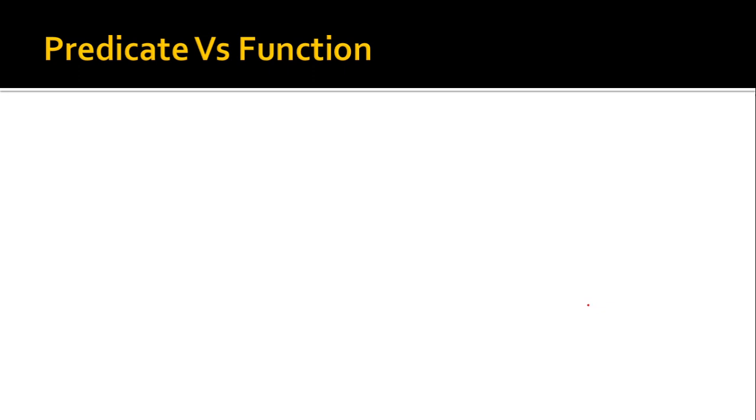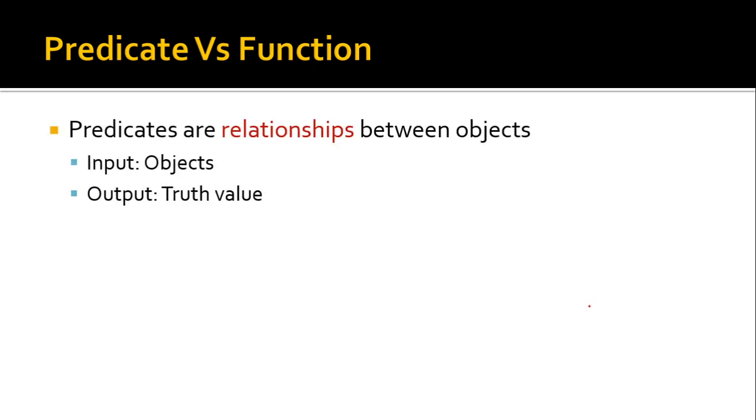So let us see what the differences between predicates and functions are. The predicates basically establish relationships between different objects. It can be between two objects, and if it is between two objects, then we say binary relationship. It can also have multiple objects, so multiple objects can be related with each other in a single predicate.